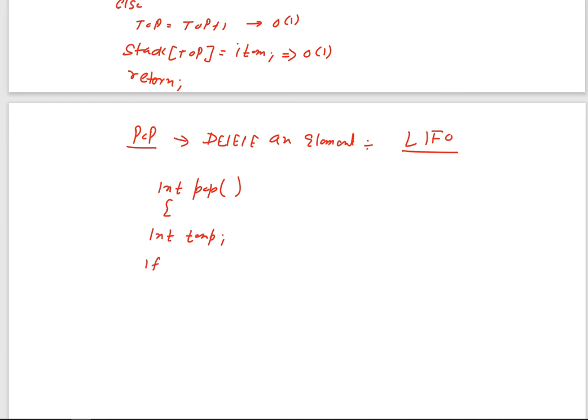I'm just writing the pseudocode here. If top is equal to -1, it means that there is no element to delete. We simply return by saying that this is the underflow condition.